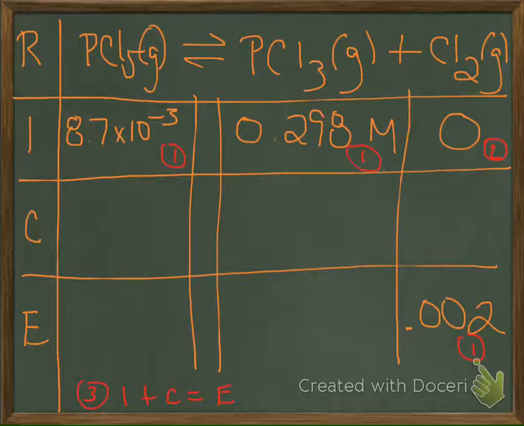And so this value is 0.002. Pause it and go back at any time if you need to go back through that. And so then this is number 3 here.